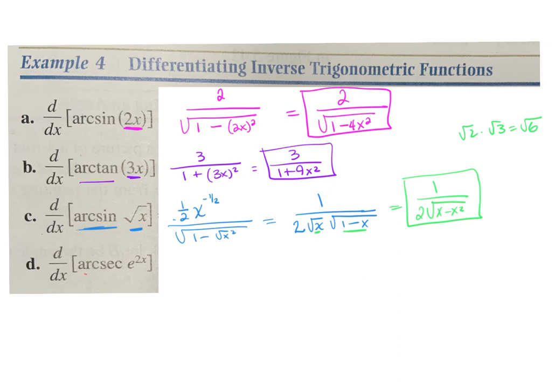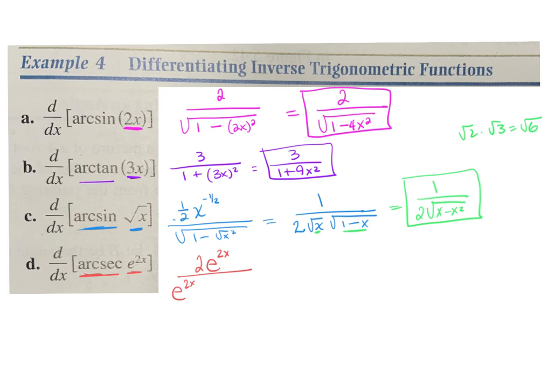Let's look at this, arcsecant. Arcsecant is the derivative of the inside. What's the derivative of e to the 2x? Well, that's going to be e to the 2x times the derivative of the 2x, which is 2. So that's my derivative there. And then arcsecant is the absolute value of that function, but e to the 2x is never going to be negative, because e is 2.17, you can't raise it to any power and get a negative. So you don't have to put the absolute value here.